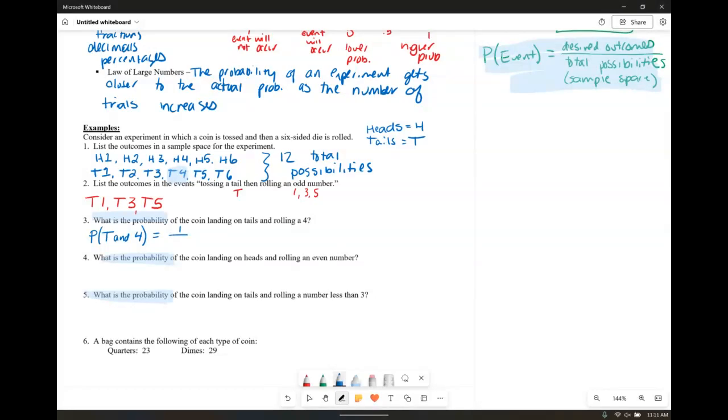So that means 1 is going to go in my numerator because that's my desired outcome, and there's only one of them. In the total, I have 12 total possibilities that I could get. So my probability would be 1 over 12. Now I can leave it as 1 over 12, or I could do the decimal, which would be 0.0833. I've got a typo there.